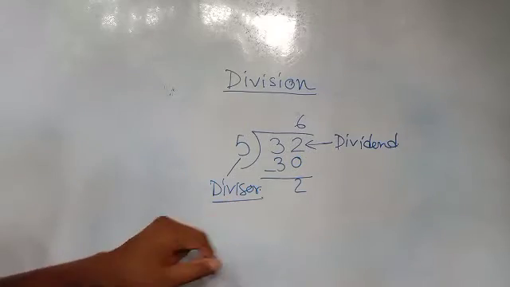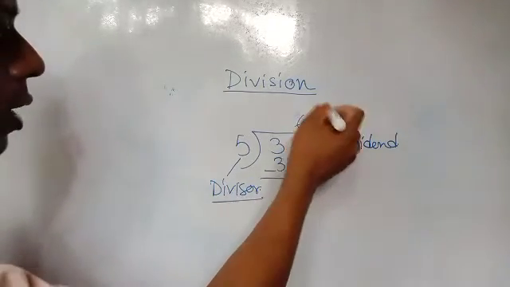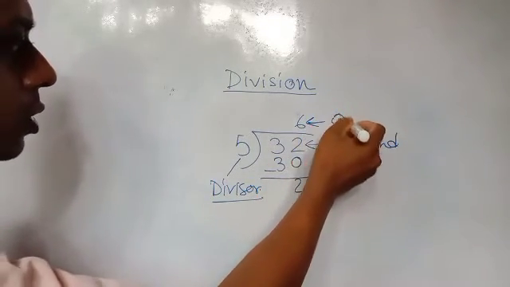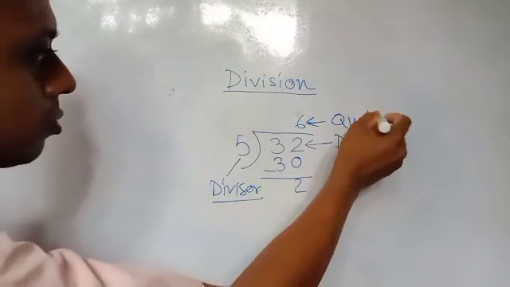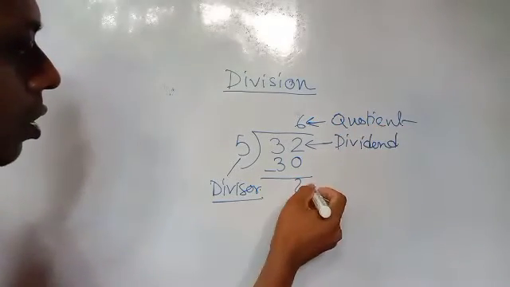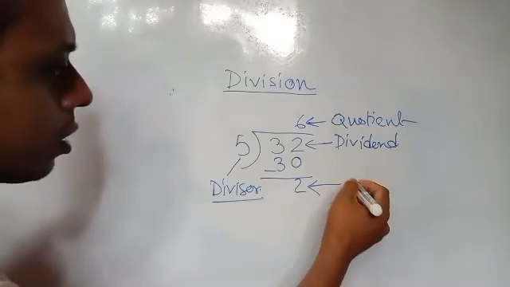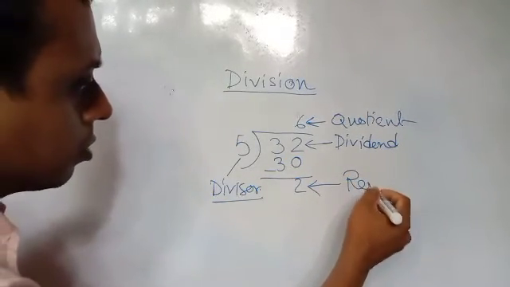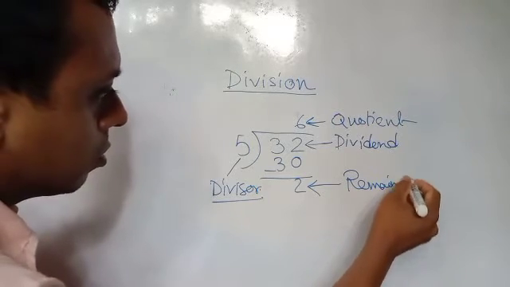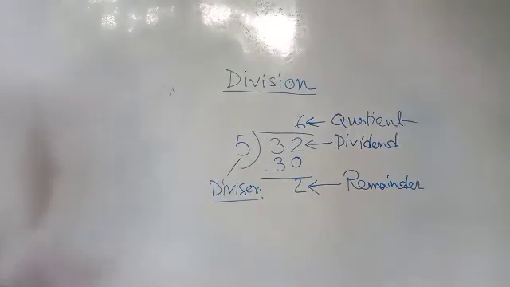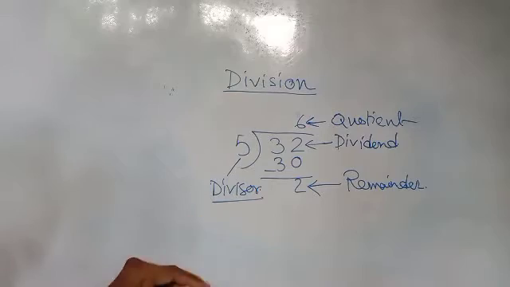The result what you are getting, that is called quotient. And after subtraction what you are getting, that is called remainder. Okay.